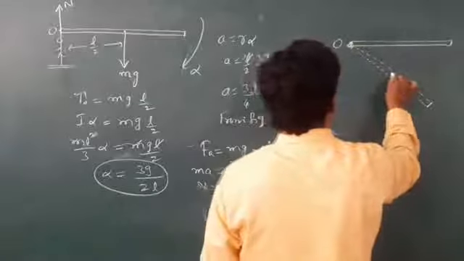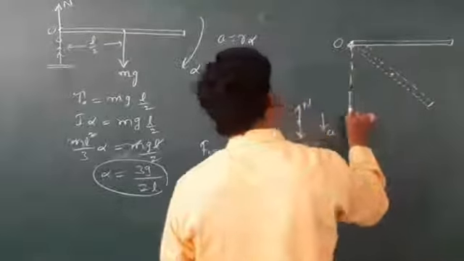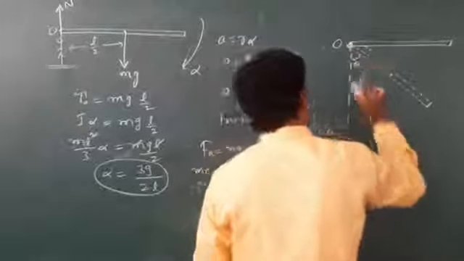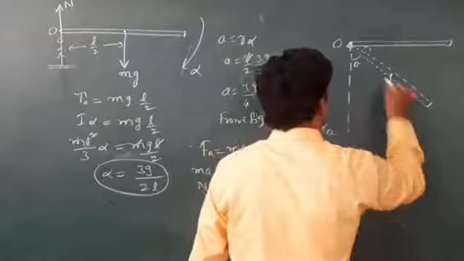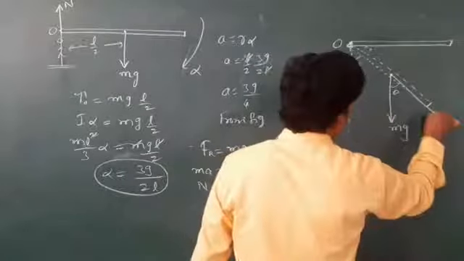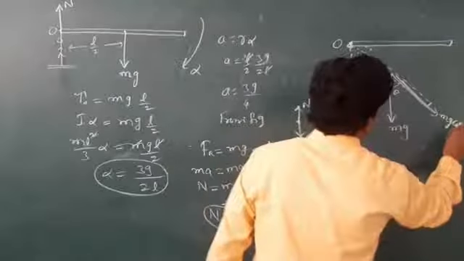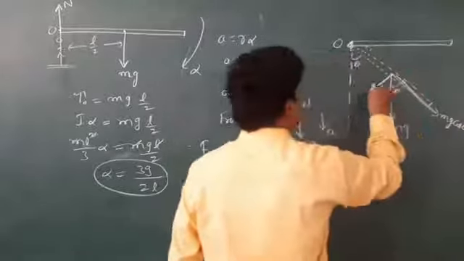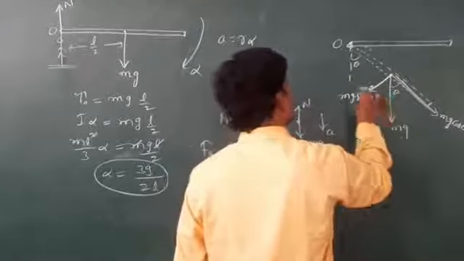Take this as O. With the vertical means this one, as they gave. The weight of the rod is mg, and if this is theta, this component is mg cos theta and this component is mg sin theta.